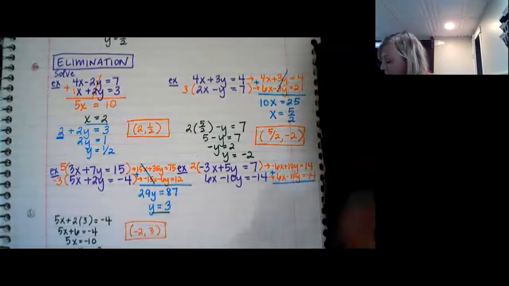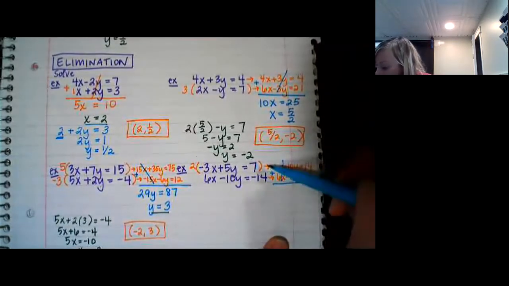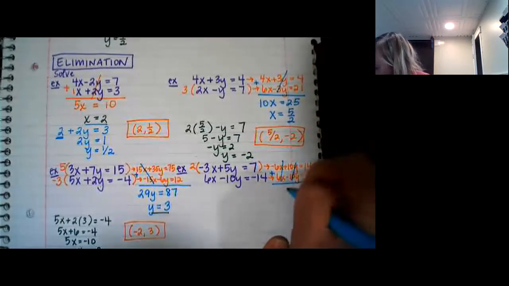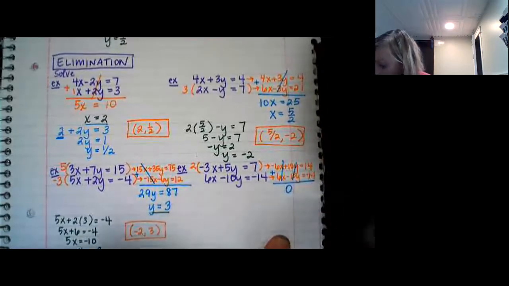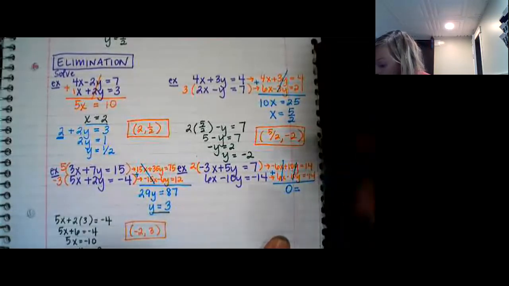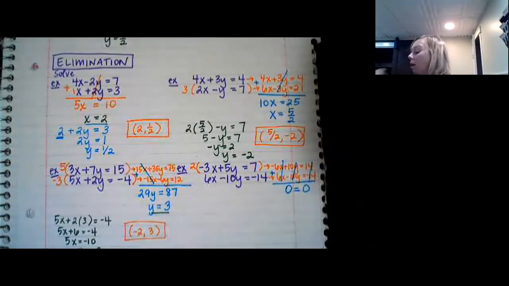Negative 6x plus 6x gets eliminated. 10y plus negative 10y is eliminated. So I have nothing left on the left-hand side. And 14 plus negative 14 gets eliminated also. So I have nothing left on the right-hand side. So 0 equals 0, that is a true statement.